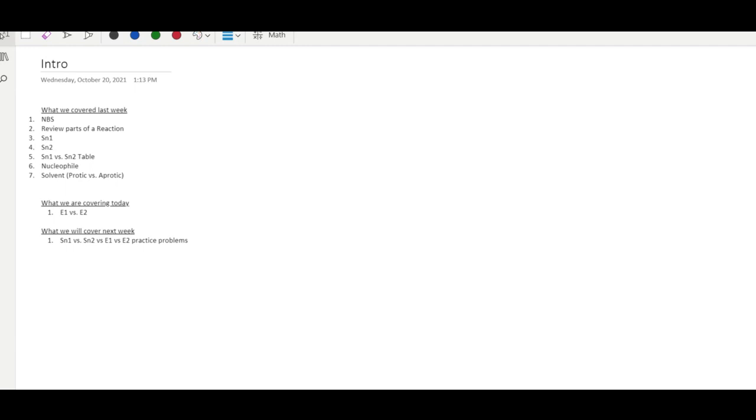Because believe it or not, students are still struggling and mislabeling the position of the leaving group. That is very important. If you mislabel it, you might favor one mechanism over the other, which will get you the wrong answer.